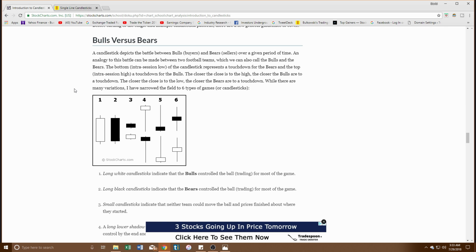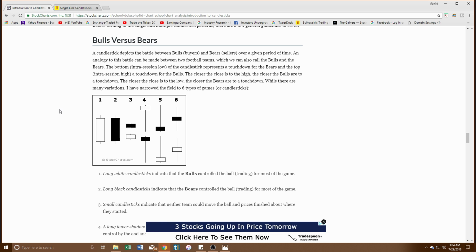The bottom intra-session low of the candlestick represents a touchdown for the bears, and the top intra-session high a touchdown for the bulls. The closer the close is to the high, the closer the bulls are to a touchdown. The closer the close is to the low, the closer the bears are to a touchdown.